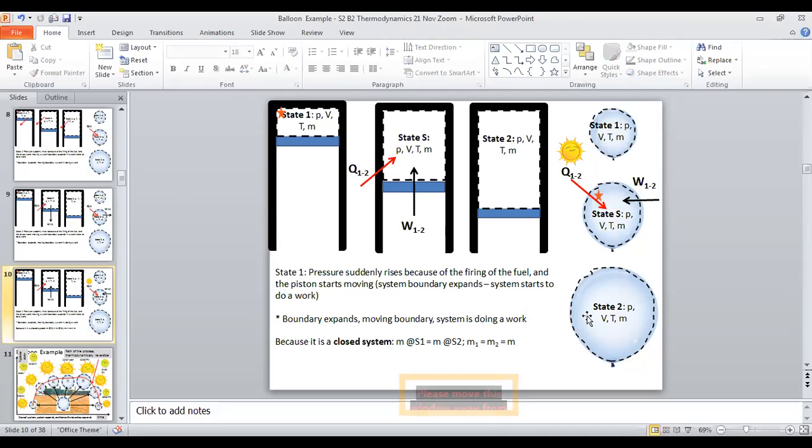Power stroke of an engine, I think you all know, and if you have no exposure to power strokes, you can look into videos or websites. Even in the notes, you can see what the power stroke of a piston cylinder system does.